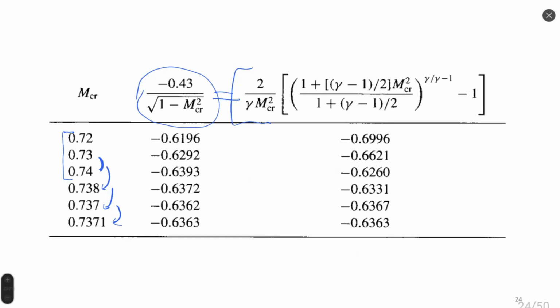As I told you, 4-digit numbers are more than enough in accuracy of technical calculation and aerodynamics calculation. So you see that they totally correspond, left and right side of this equation. So it means that critical Mach number is found correctly here. So graphical method also, when you plot two curves and find intersection between two curves.